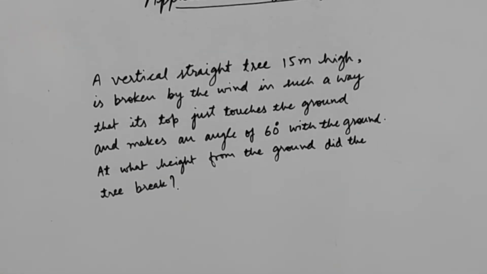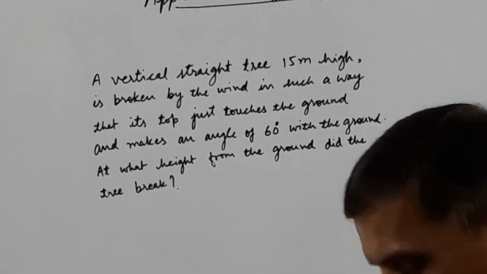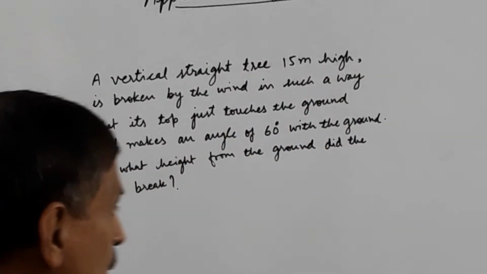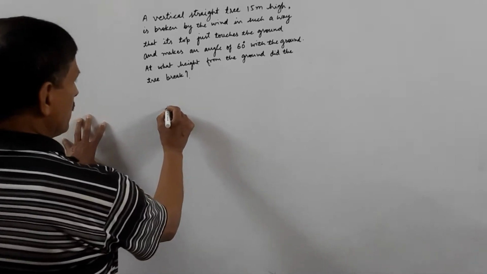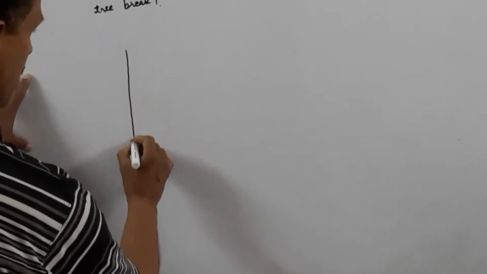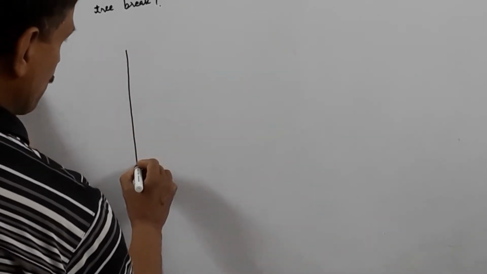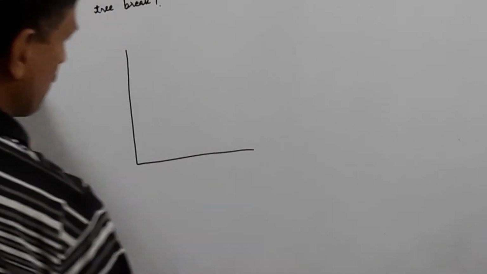Now we consider another question. A vertical straight tree 15 meters high is broken by the wind in such a way that its top just touches the ground and makes an angle of 60 degrees with the ground. At what height from the ground did the tree break? Now we consider this vertical line is the tree which is 15 meters high.